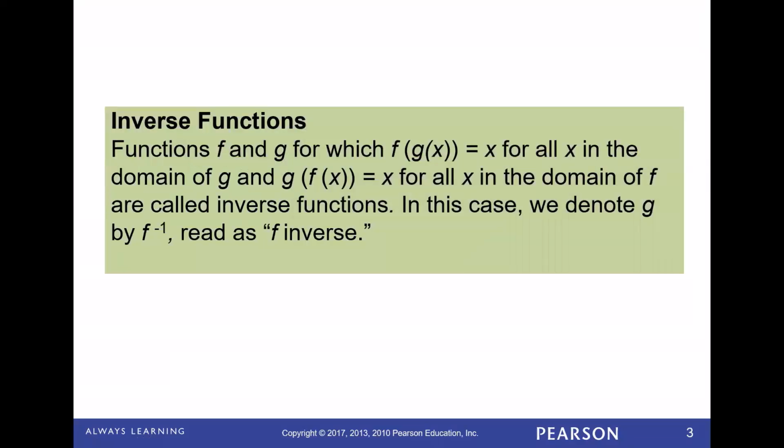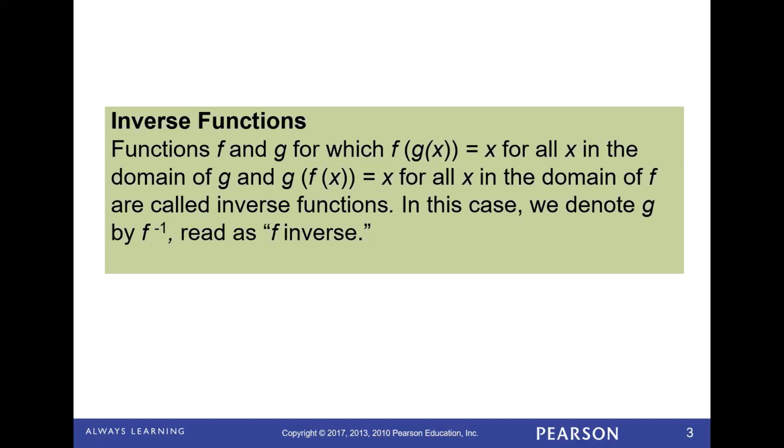So for functions f and g, you might have f composed of g. When you plug in and make that composition, if you simplify it all the way out and it equals x, and if you go the other direction, g composed of f, and you simplify it out and get x, then technically these functions, f and g, are considered inverses of each other.